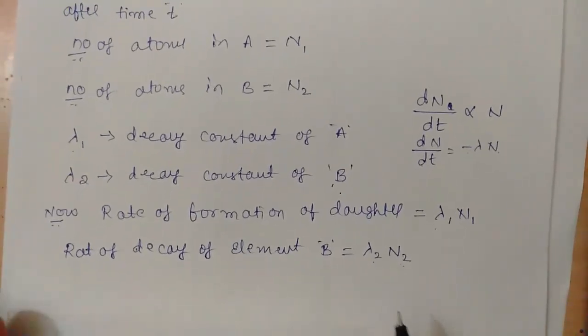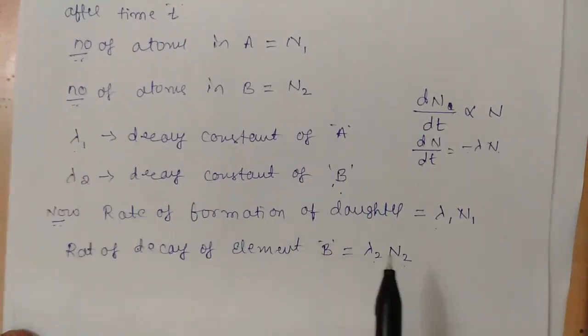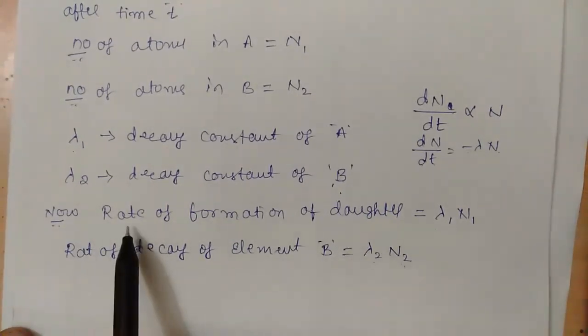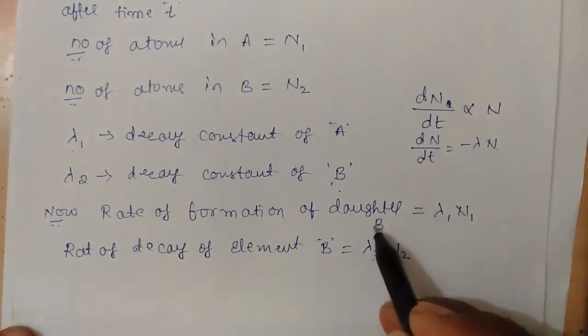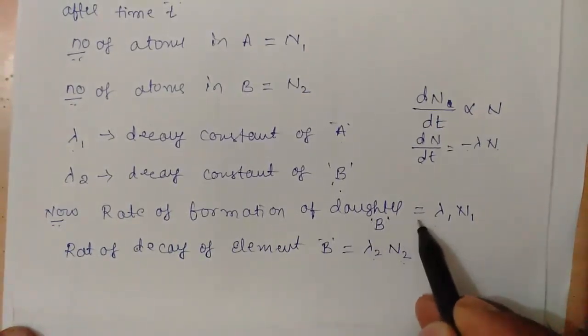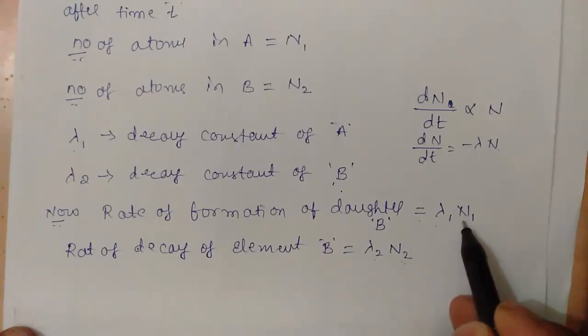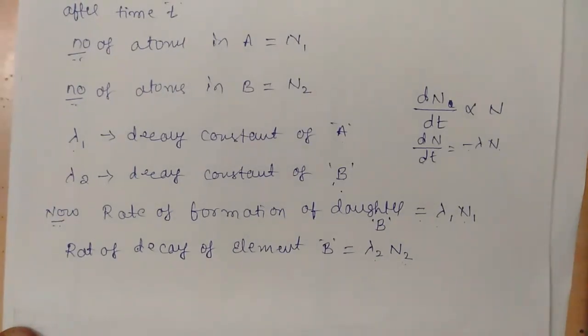Now the very important point to be understood from these two equations is this. We have the rate of formation of the daughter element or daughter nucleus B, written as lambda 1 into n1. What was lambda 1?